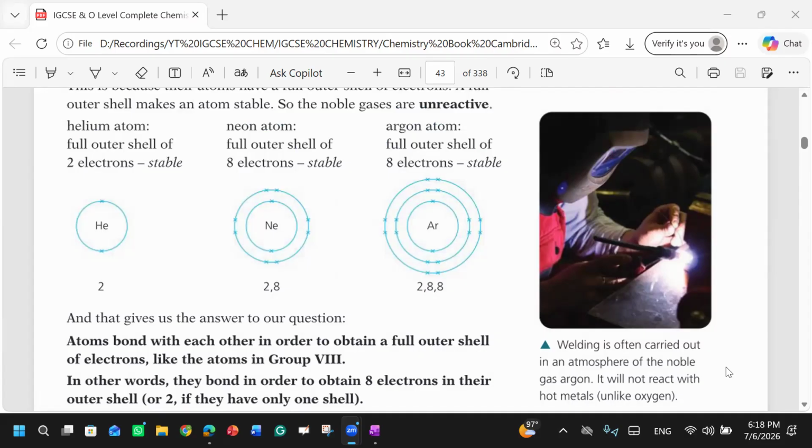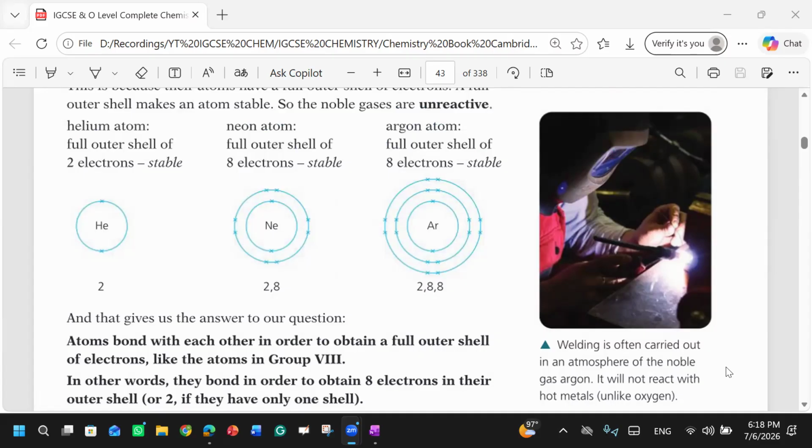Argon is a noble gas. Read this, what they have mentioned. Welding is often carried out in an atmosphere of the noble gas argon. It will not react with hot metals unlike oxygen. Why are they using argon instead of oxygen?